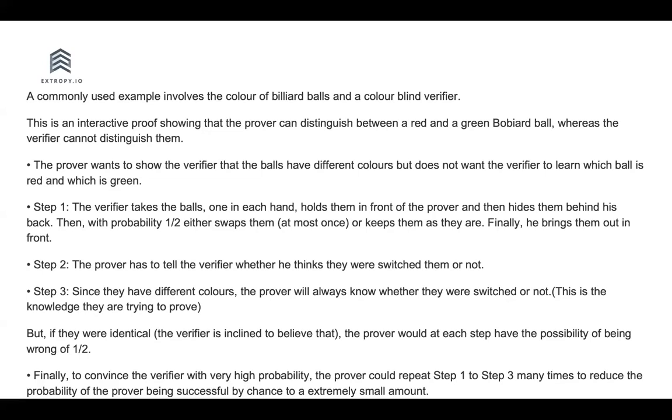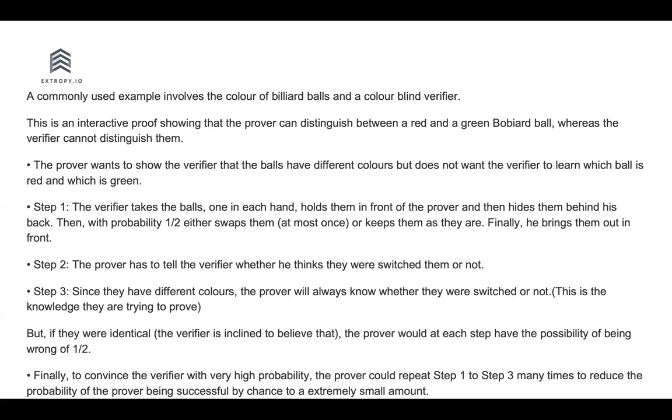But another good intuitive example is the idea of the color of some billiard balls and a verifier who is colorblind and so cannot distinguish between a red and a green ball. And I've got a typo in my slide here. So the prover here, Peggy, is claiming that she can see the difference.